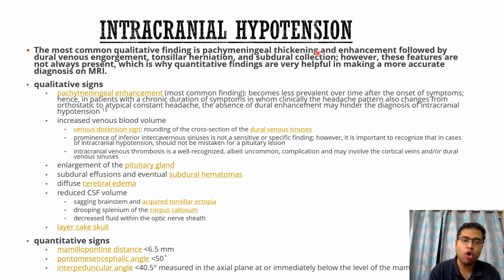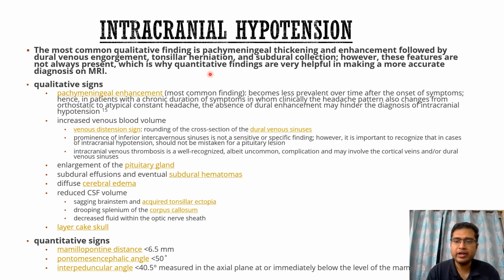It's because the most common qualitative finding for diagnosis of spontaneous intracranial hypotension is pachymeningeal thickening and enhancement. This is a very important qualitative finding that is actually included in the criteria for the diagnosis of intracranial hypotension, followed by other qualitative findings like dural venous engorgement, tonsillar herniation, and subdural collection.